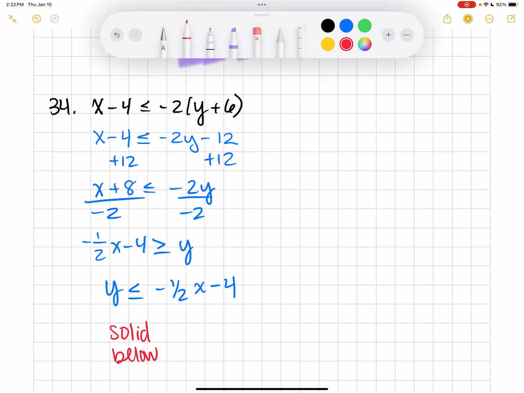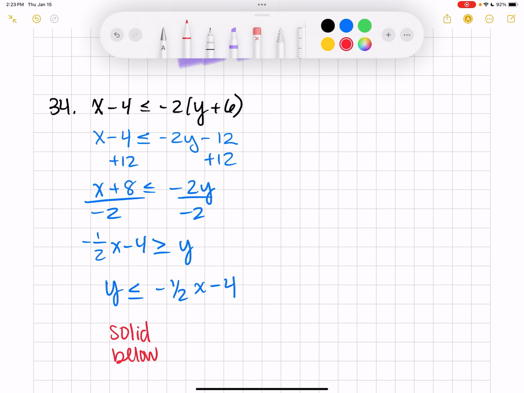All right, so I distributed first. So I got x minus 4 is less than or equal to negative 2y minus 12. Add 12 over. So then I have x plus 8 is less than or equal to negative 2y. Divide by negative 2.